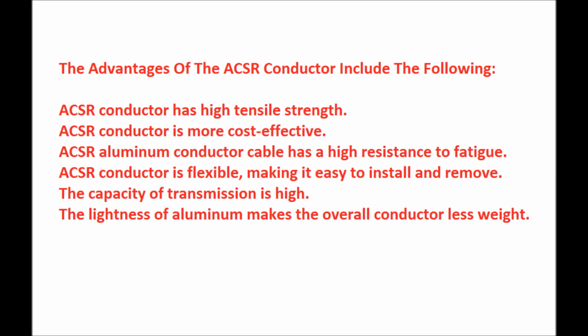Hence different types of ACSR conductor are used, and also the diameter of the ACSR conductor varies depending upon the voltage level and current carrying capacity of the conductor. So we can design different types of ACSR conductor based on the capacity of the transmission line. Again, the lightness of the aluminium makes the overall weight of the conductor less.